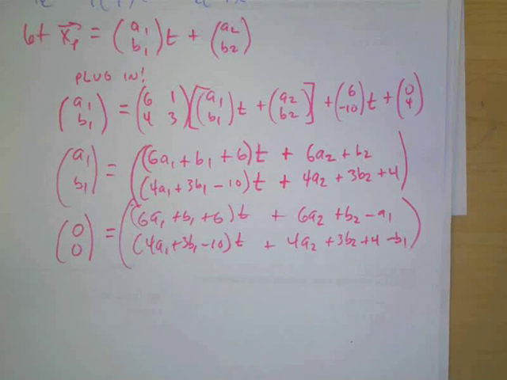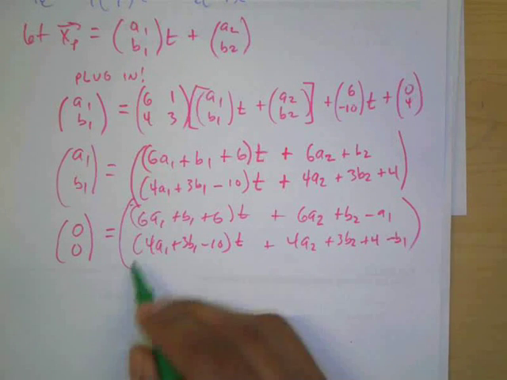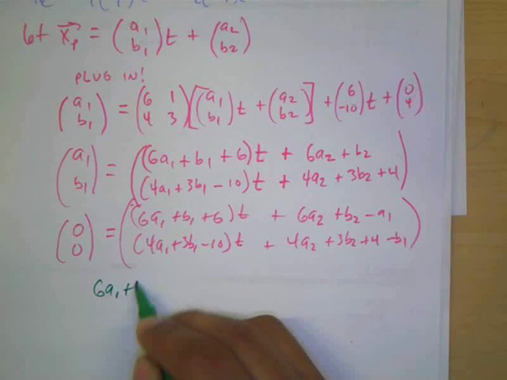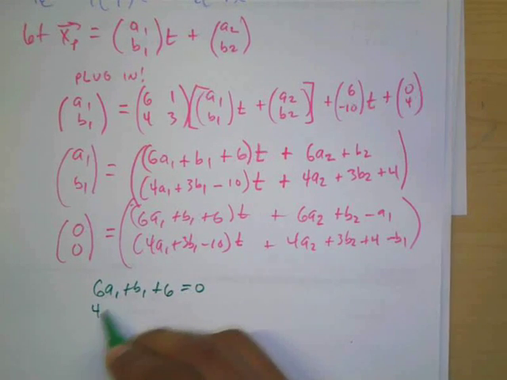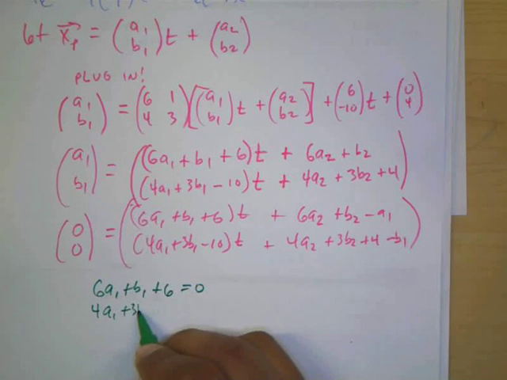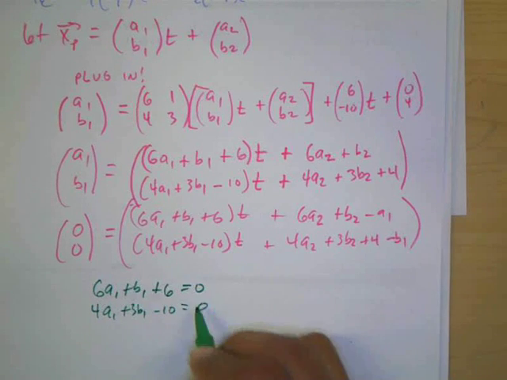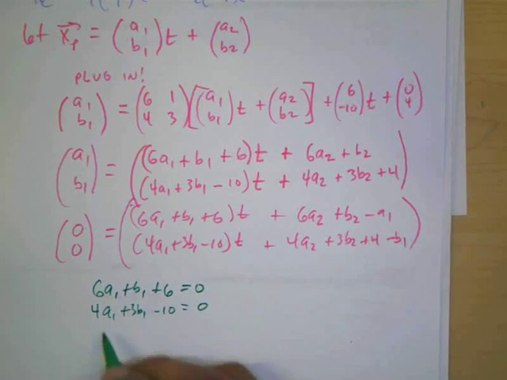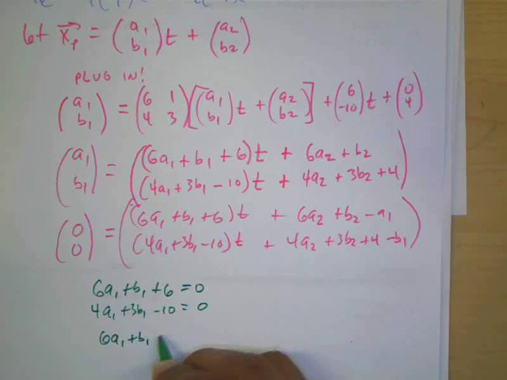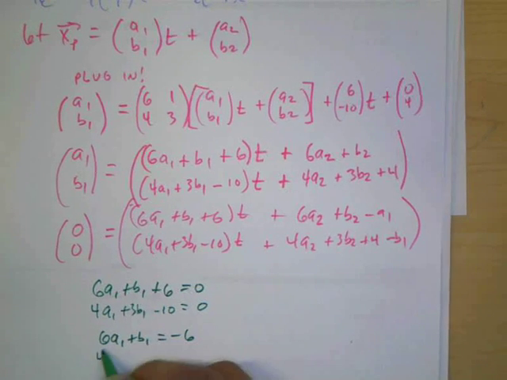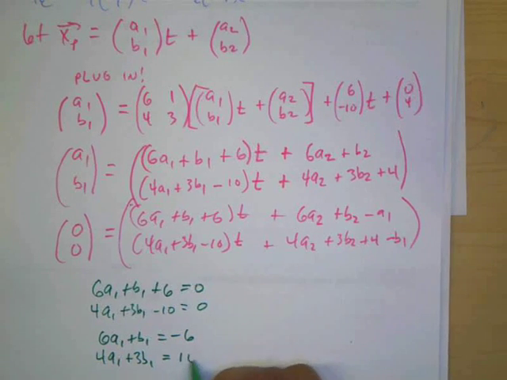Okay, so from here, the first system we'll take a look at is 6a1 plus b1 plus 6 equals 0. 4a1 plus 3b1 minus 10 equals 0, which if we put in the usual format, looks something like this.